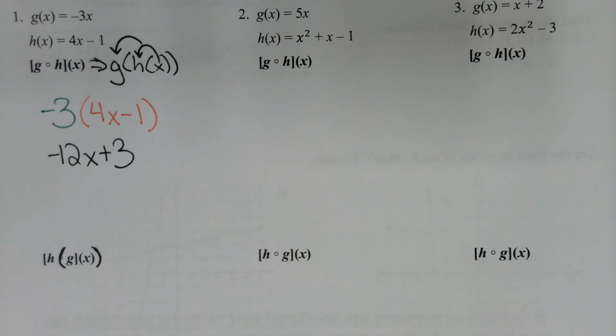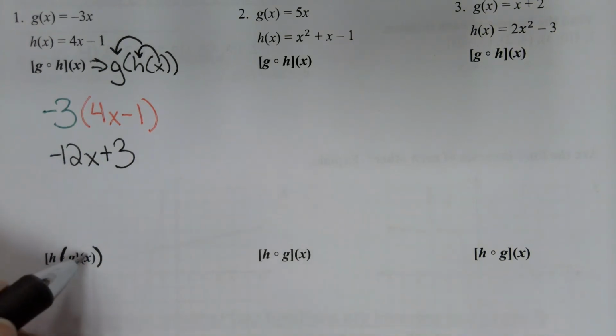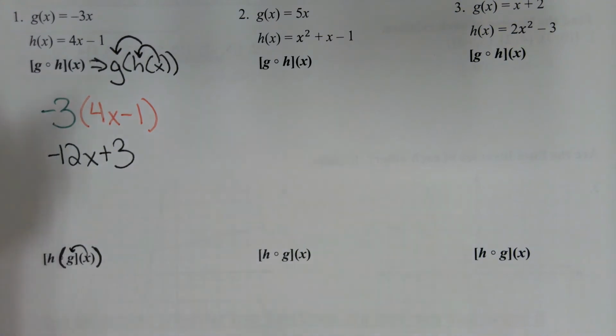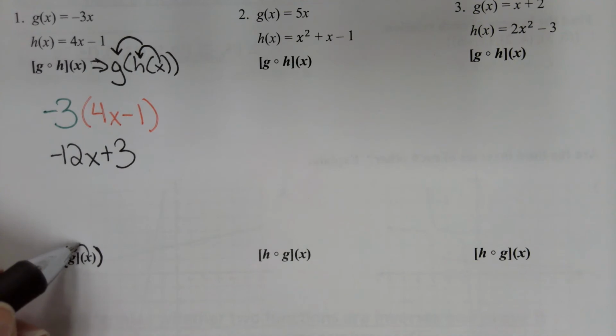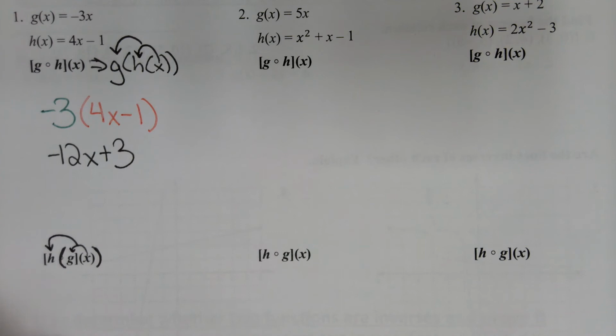To go in reverse, x is already my variable for g. So we're going to take the g of x equation, which is negative 3x, and we're going to replace x in the h equation.